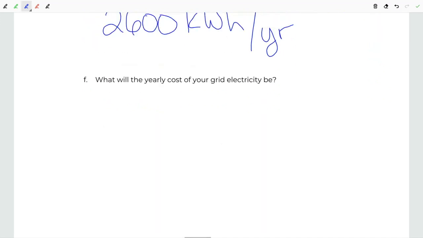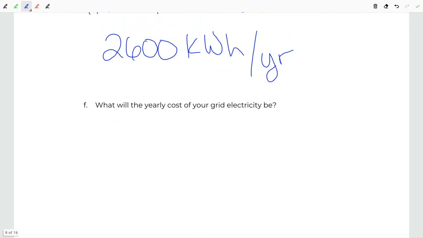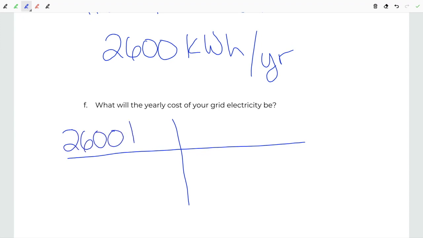So our yearly cost of electricity will be not the cost of our solar installation, just the amount we're spending on our grid electricity. Remember, we need to say that we have this 2,600 kilowatt hours per year.